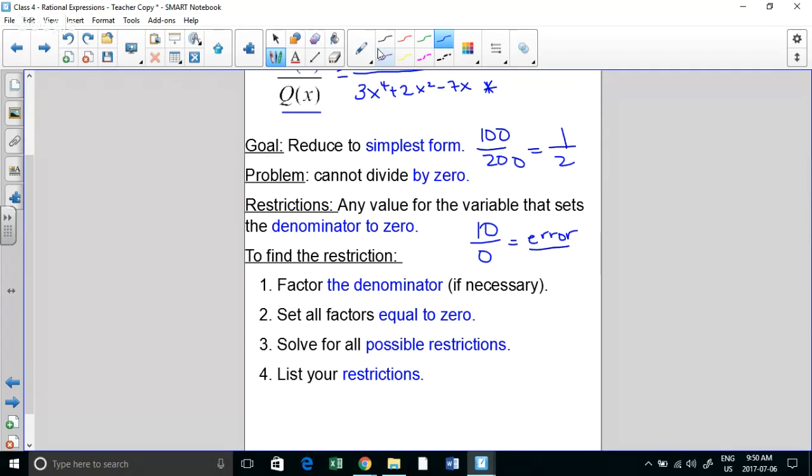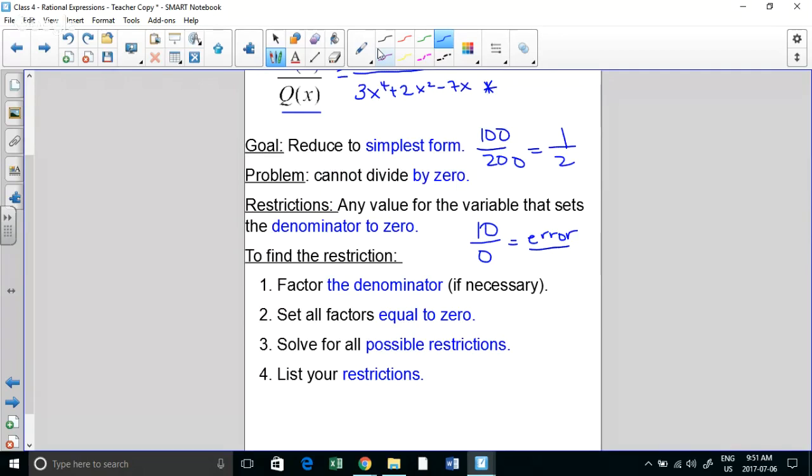So a restriction is any value for the variable that sets the denominator equal to 0. So we have to identify these restrictions, or be capable of identifying these restrictions. In order to do this, what we are going to do is factor first. So everything we do with rational expressions, from here until we finish the unit, factoring is your first move.